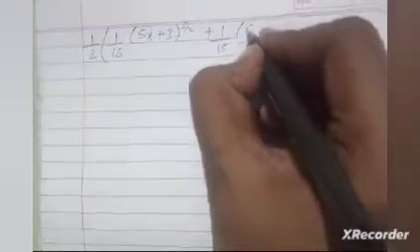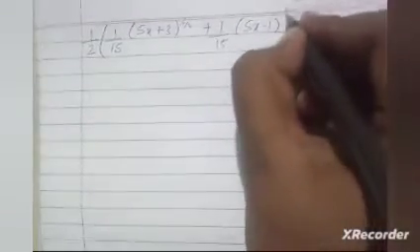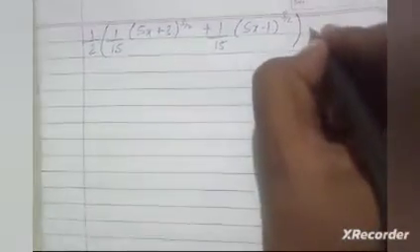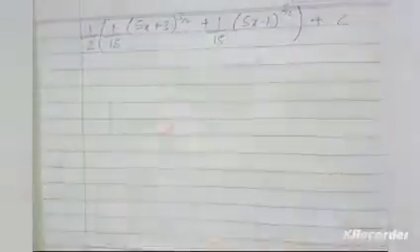Now we will take 1 by 2 common. So 1 by 15, 5x plus 3 to the power 3 by 2 plus 1 by 15, 5x minus 1 to the power 3 by 2, bracket close, plus c.